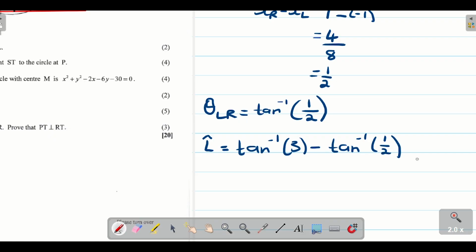If you press this in a calculator, you should get 45. So the angle L is equal to 45 degrees.